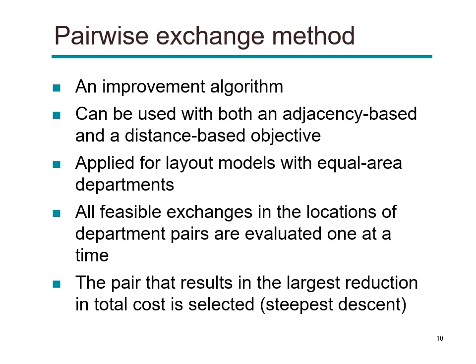In fact, in this algorithm, we don't need to make an estimation, because calculating the original cost is as easy as calculating the estimated value, since the sizes of the areas of the departments are equal, their centroids will not be changed after the exchange. Their centroids will be the same. So the original or the exact objective function value will be equal to the estimated value in this case.